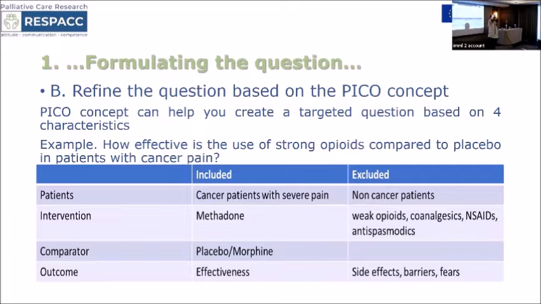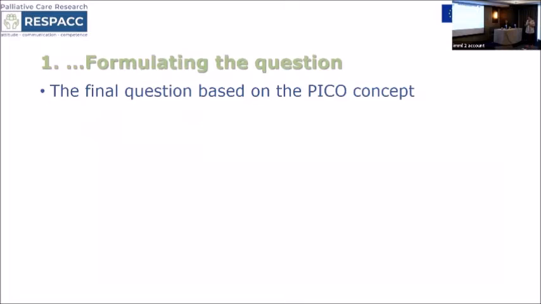Okay, so this is the exercise. You will exercise once again after we finish the presentation. So thank you very much. So you see how these elements are helping you actually get to a more specific search question.